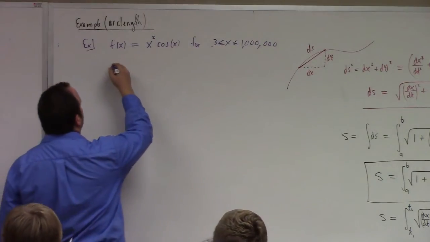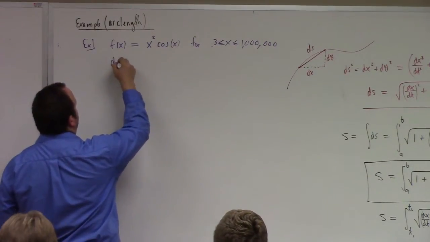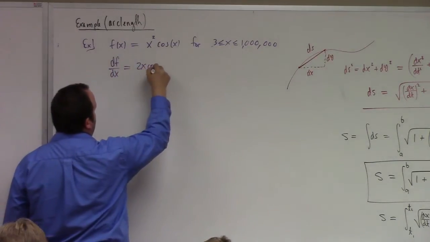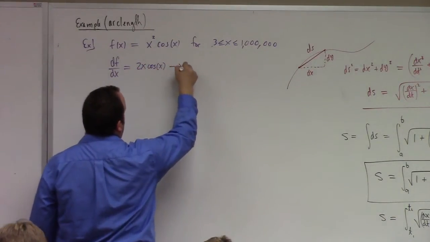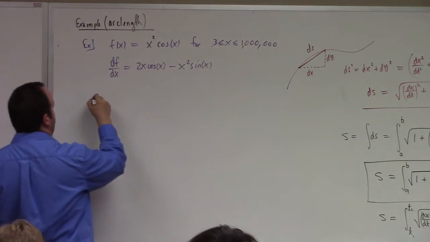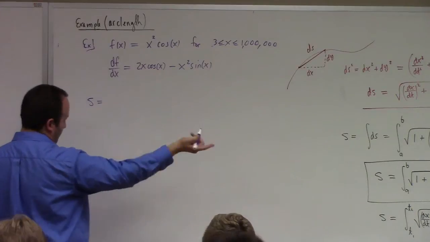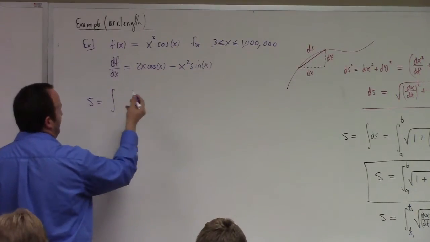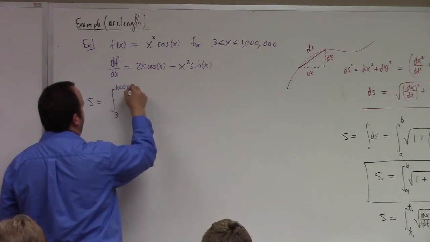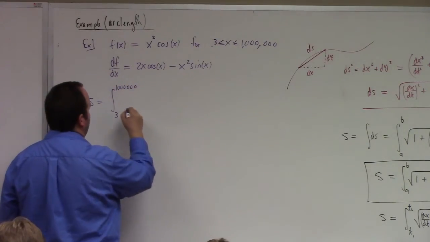So here we go. What's f prime of x? You got yourself 2x cosine x minus x squared sine x. And so the arc length, by the discussion we just had, or if you're a mathematician by definition, 3 to 1,000,000. Why did I do 1,000,000? I don't know what's wrong with me. Anyway, it's done.